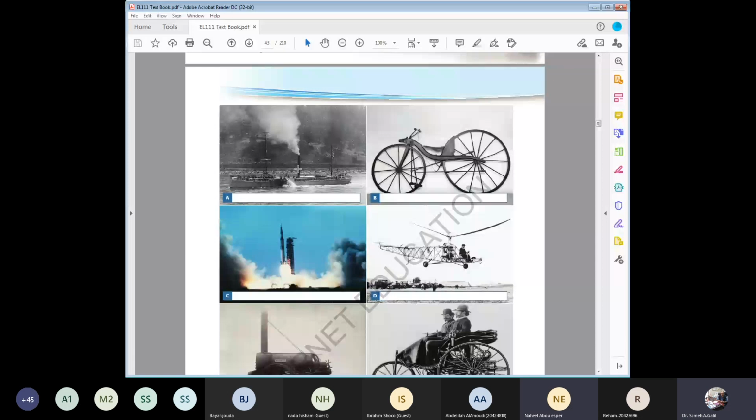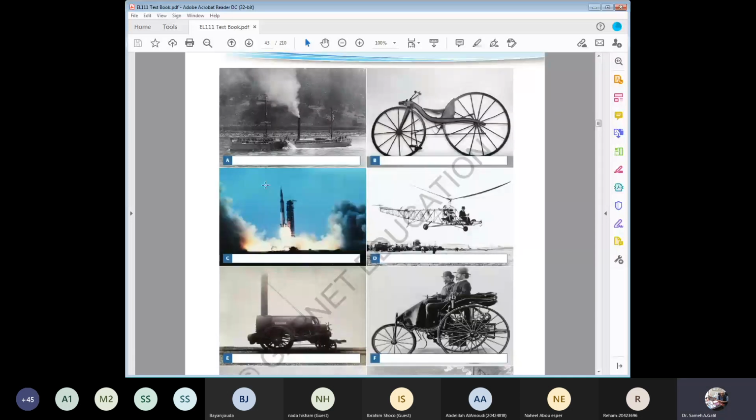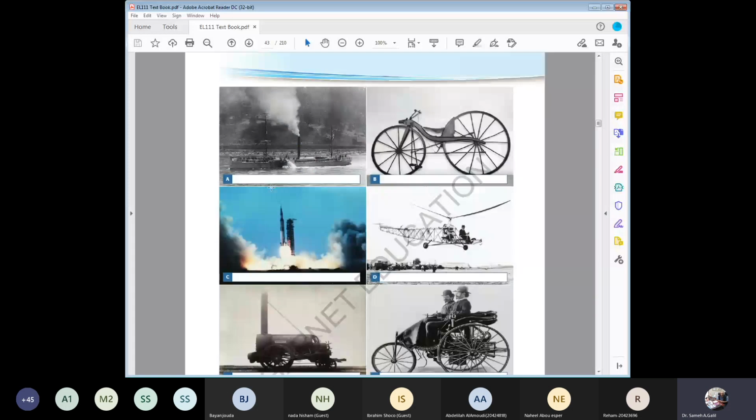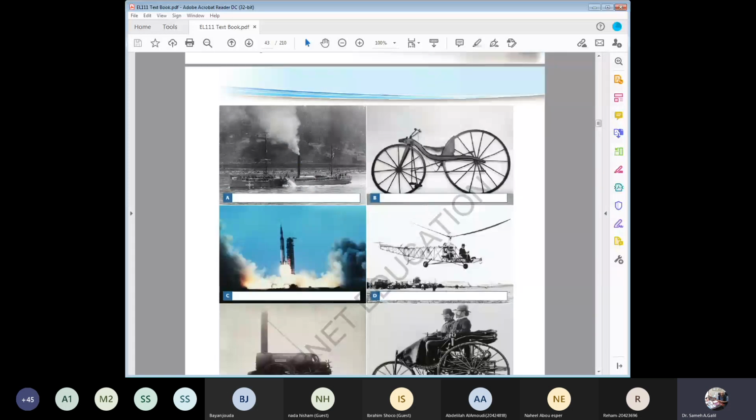So the train. Sorry, the rocket. No, see. The rocket. Okay. I don't know. I didn't weigh them, but it's okay. Go ahead. Can we say it? Yeah.